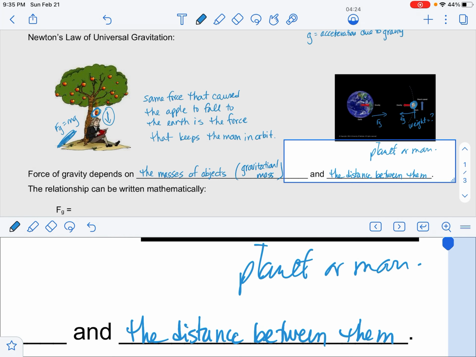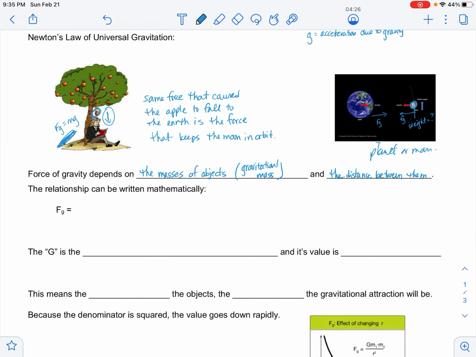Now, the interesting thing about this is that every object that has mass actually has gravitational force. So you have gravitational force. You don't have very much because you are not the size of a planet. But you have some gravitational force that pulls things toward you because you have mass. Not very much.